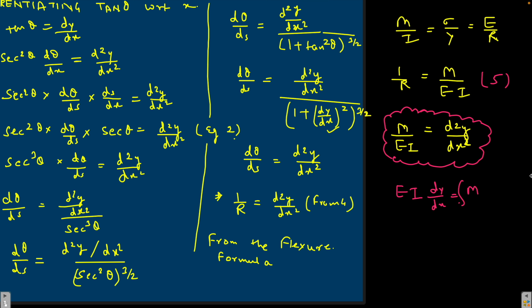This dy by dx is nothing but the slope of the beam, and if we integrate it again with respect to x, we get EI into y is equal to the double integration of M, which gives us y, the deflection at a particular point in the beam.